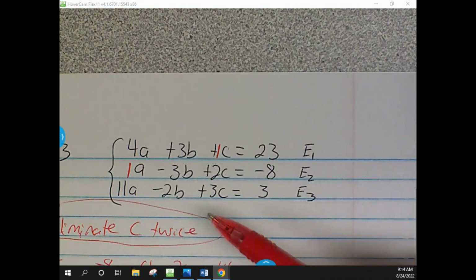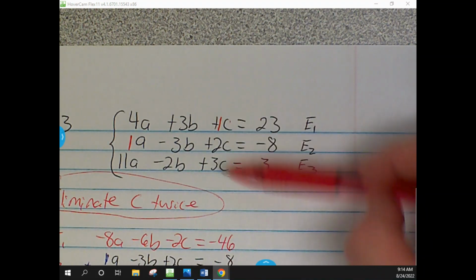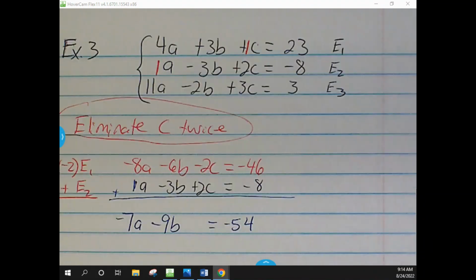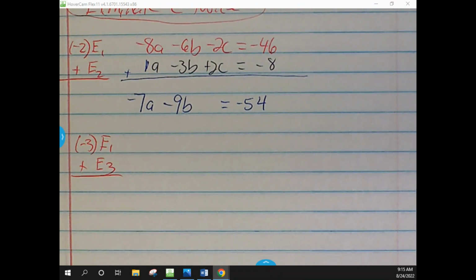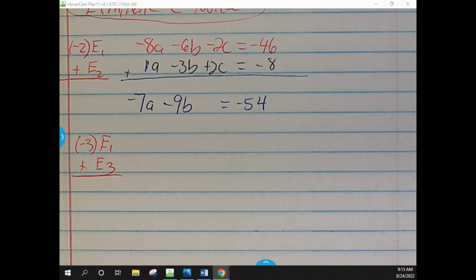Okay, so for the C's, picking a different pair, let's go with these two because we've got 1 and 3. So then we can take equation 1 and multiply it by -3 and add that to equation 3. Okay, here we go. So we're going to take equation 1, multiply it by -3, so we get a -3c, and then we're going to add that to just the 3c that was there.